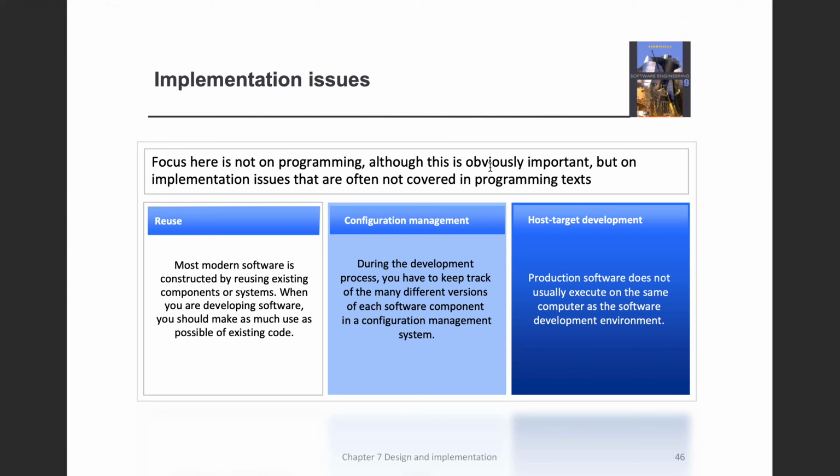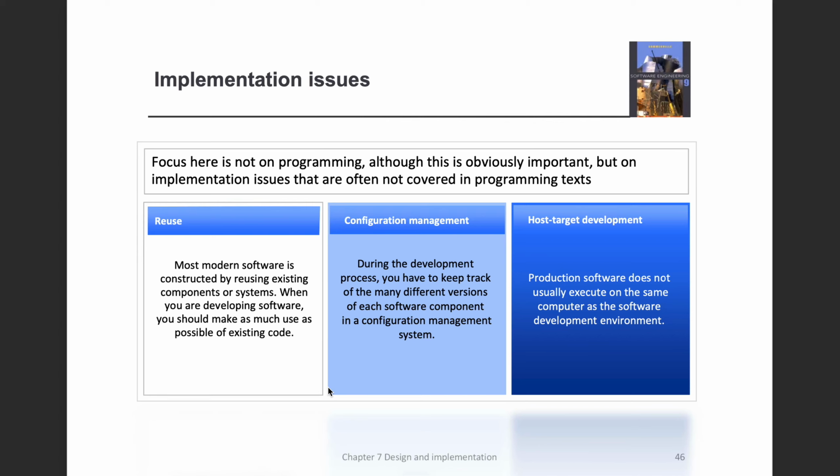So here we are looking at three things: reuse, configuration management, and target host. Reuse is when you have components of an existing system that you want to use in a new system. Then we have configuration management, which helps us track many different versions of each software component.